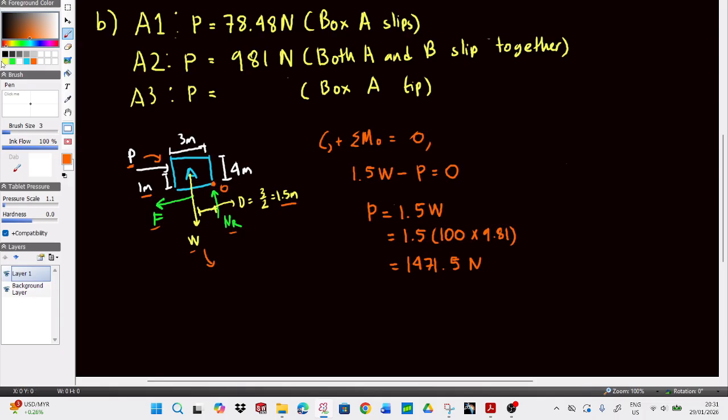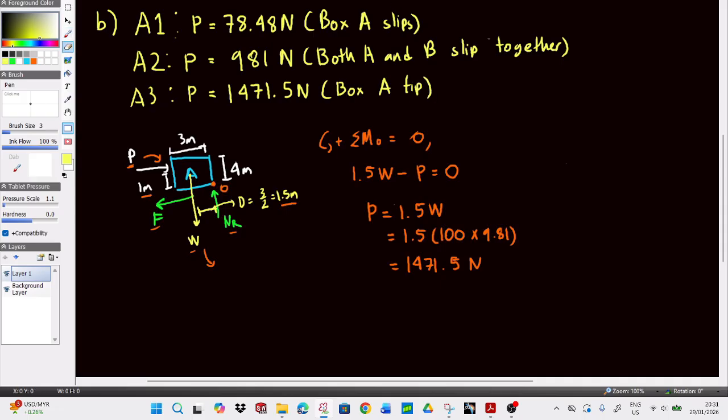So therefore, in our assumption 3, if box A were to tip, we would need a force of 1471.5 newtons, which is quite a lot actually. I probably have to write that down. So this is just only box A tip.